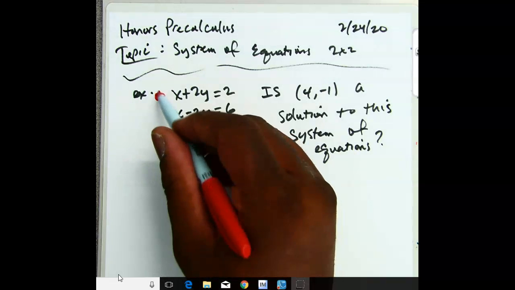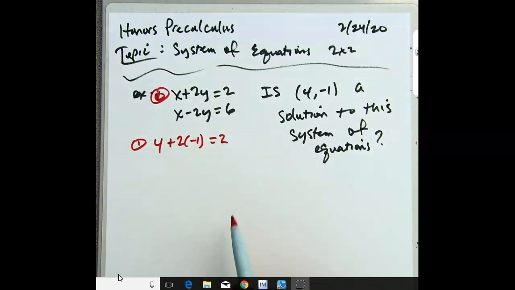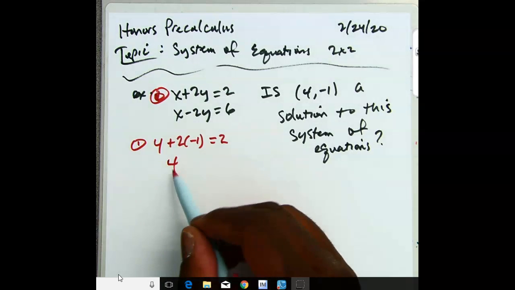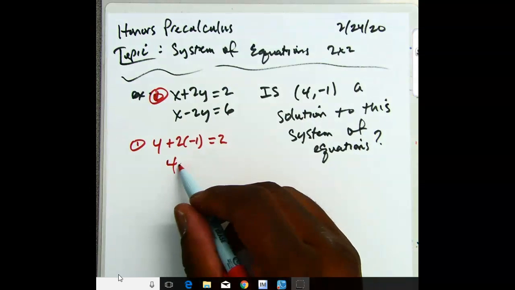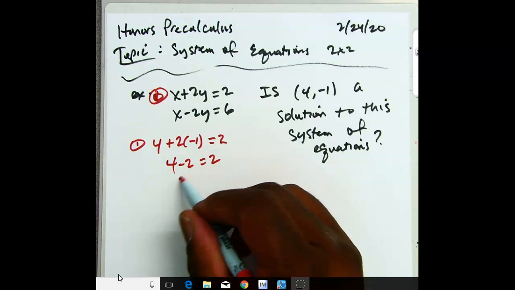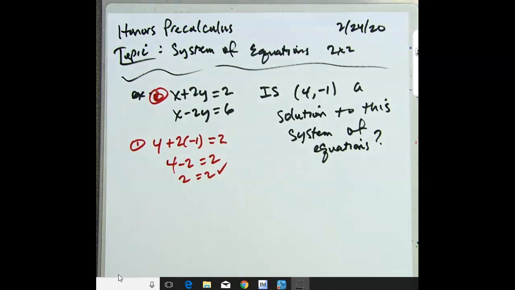So that's equation 1 there. So 4 minus 2, so 4 minus 2 equals 2, 2 equals 2, so that's true. So equation 1, the ordered pair 4, negative 1, is a solution.